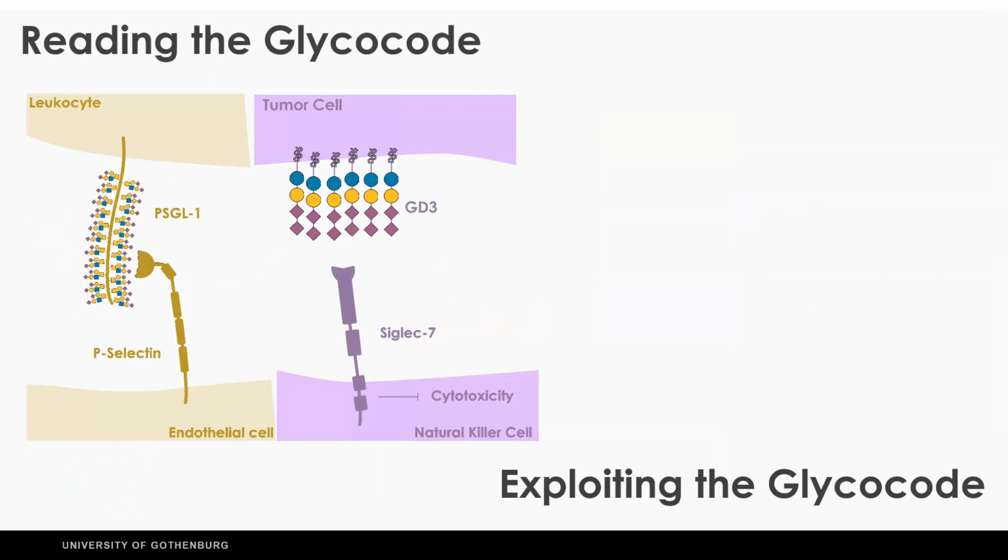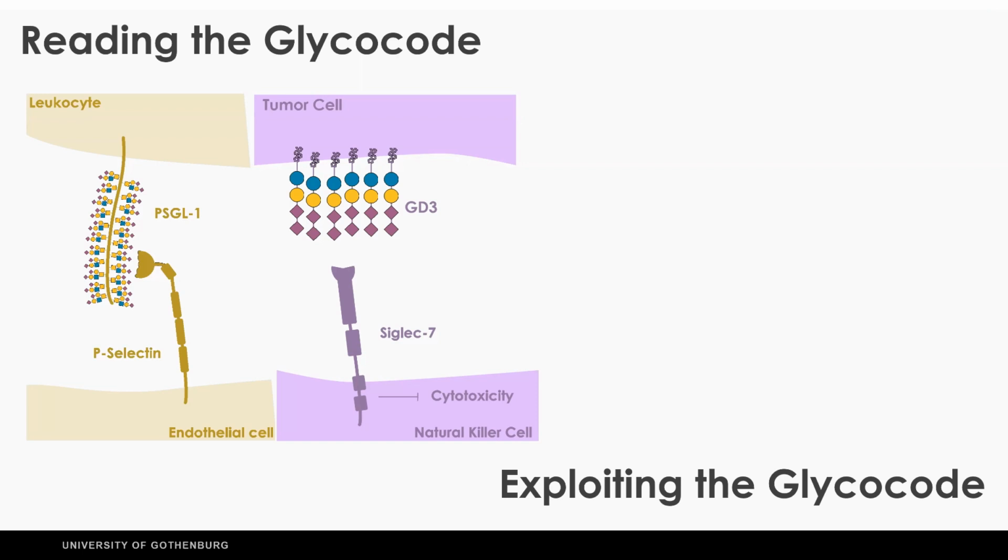So transitioning on to some of our work more on lectins. The reason why we work on lectins is because we want to understand glycans, of course. As probably many of you know, lectins are very prevalent in many different facets of biology.